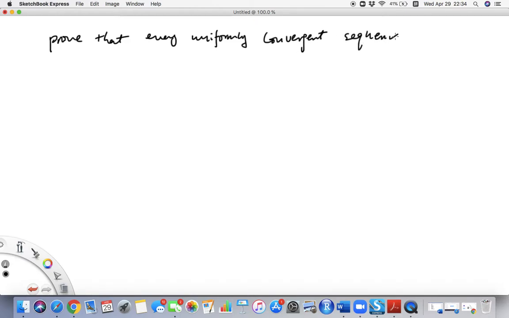So, first, prove that every uniformly convergent sequence of bounded functions is uniformly bounded.